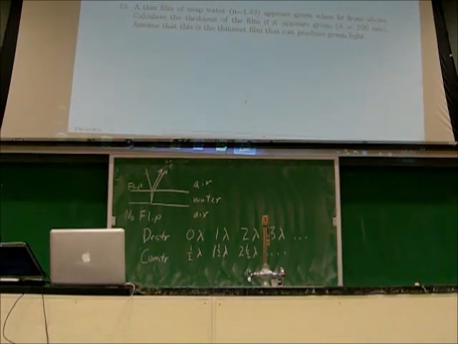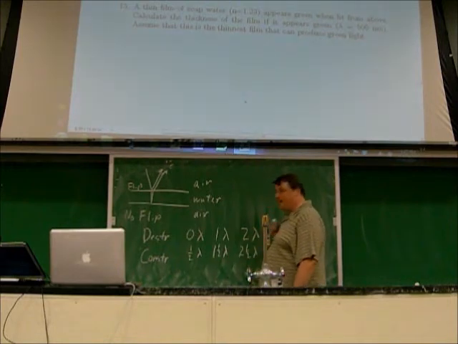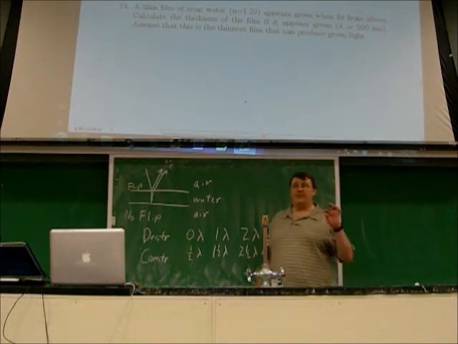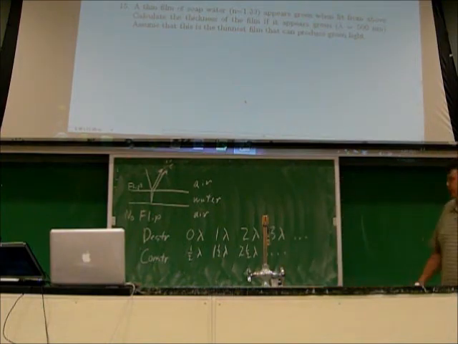Okay. If we see green light, what are we getting? Constructive. That means that the slide is either half lambda, 1.5, 2.5, etc. If it is the thinnest possible soap film that could give us green, then which one of these is it? The half.